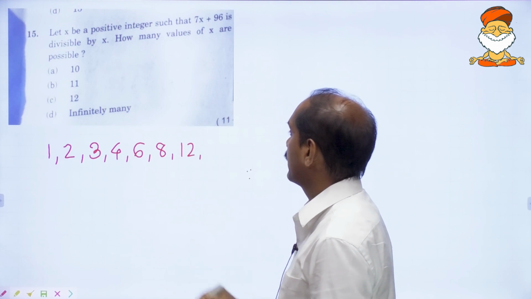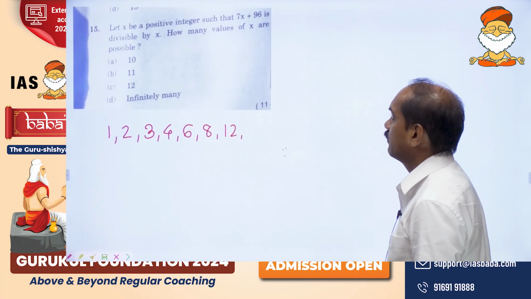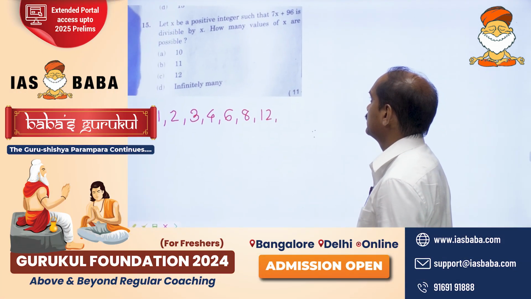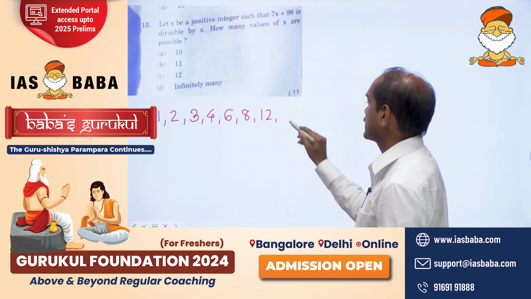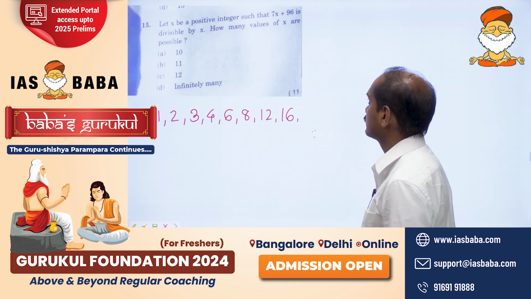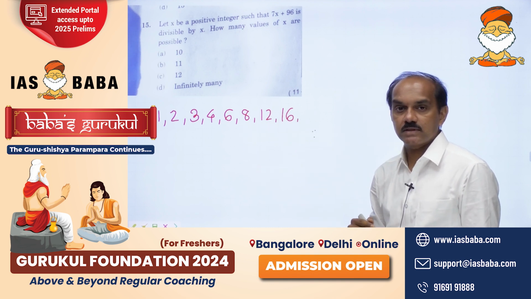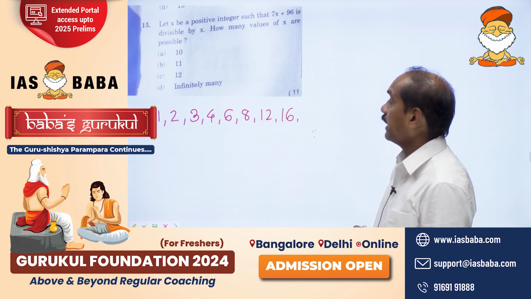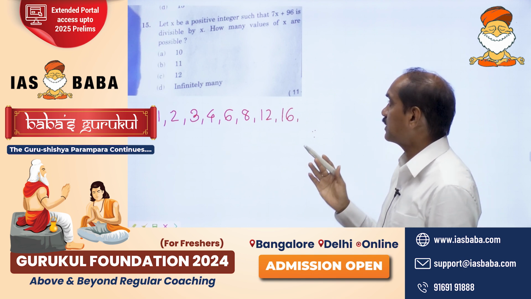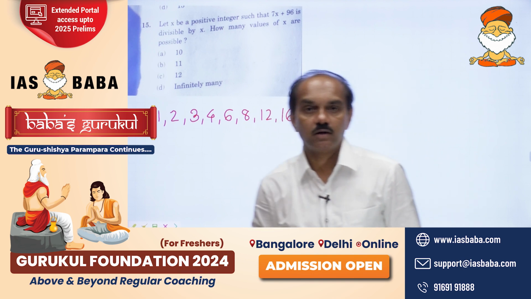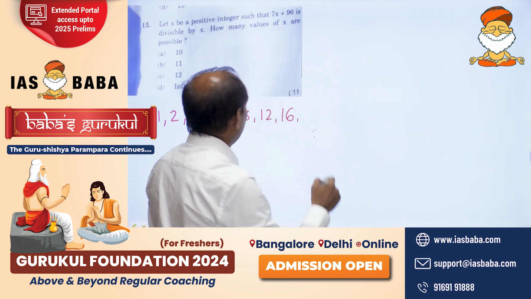Then 13, 14, 15, 16, 6 16s are 96. So you will have to enlist these numbers, which are the numbers that can divide 96. Forget about 7x and all. Concentrate only on 96 first.